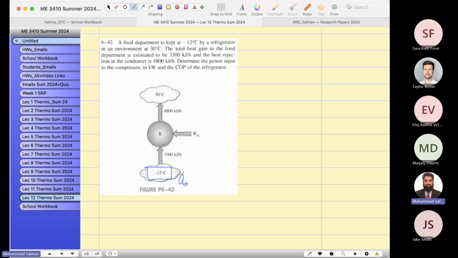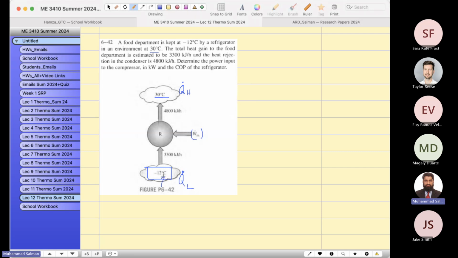This is Q dot L, this is Q dot L, this is W dot N, this is Q dot H, and the environment is 30 Celsius. The total heat gain to the food department is estimated.